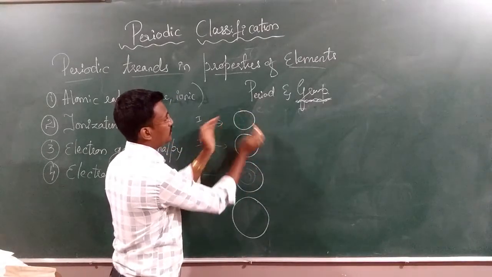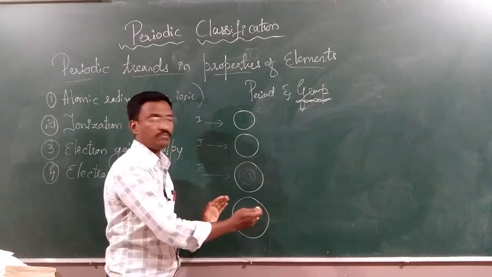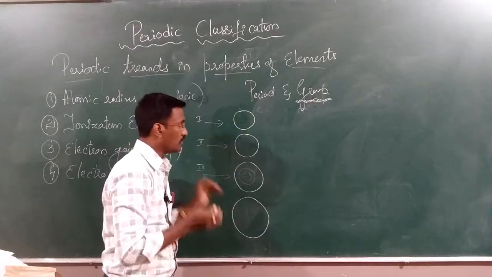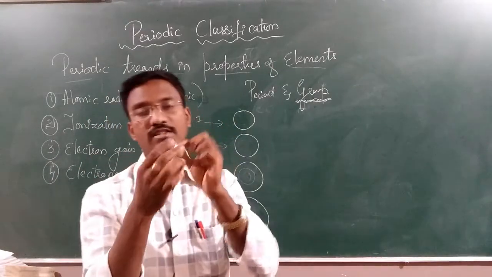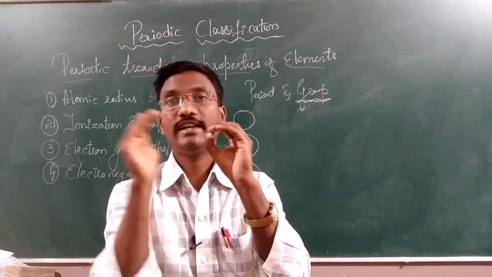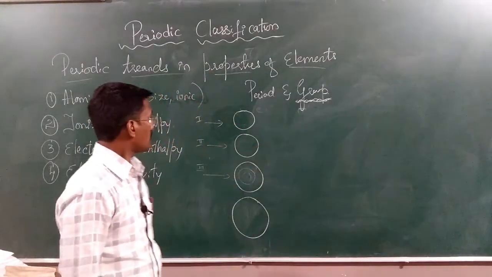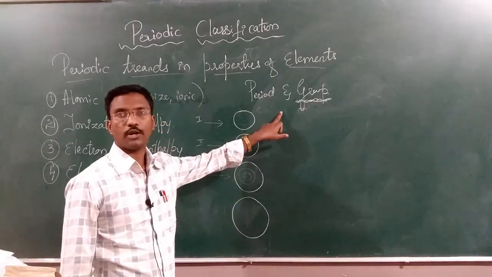Initially it is the K shell, and then the next shell is added, next the M shell will come. As new shells are added as we move down the group, the distance between the center of the nucleus and the outermost shell is increasing. For that reason, atomic size or ionic size increases down the group. Are you getting my point?